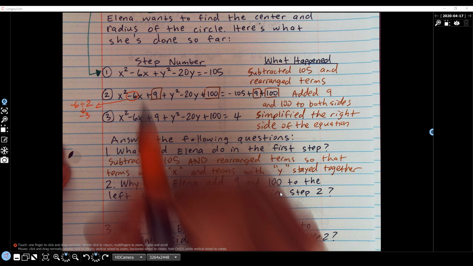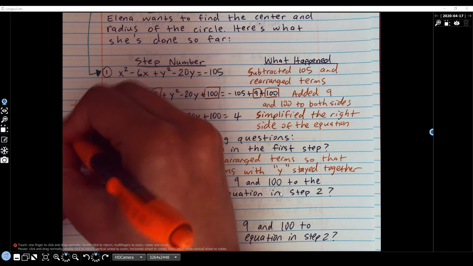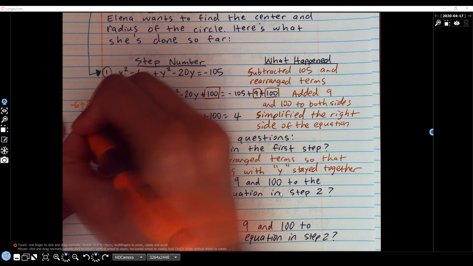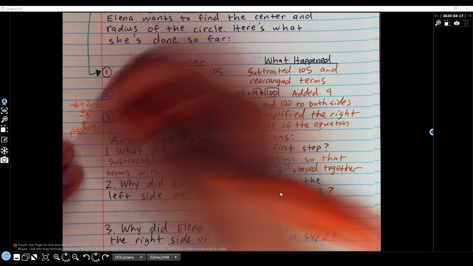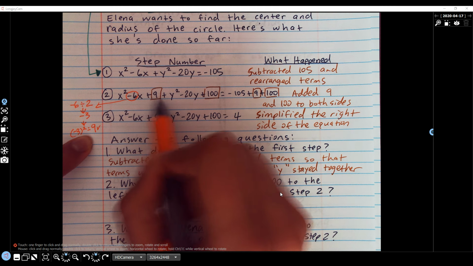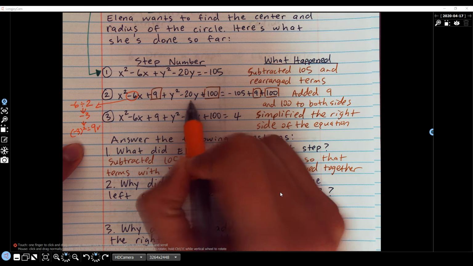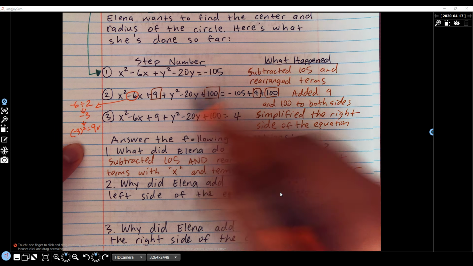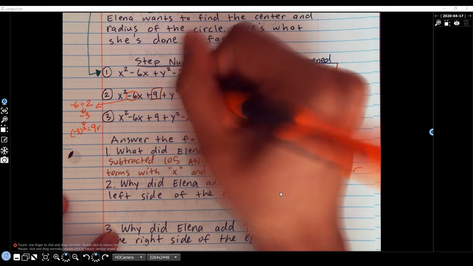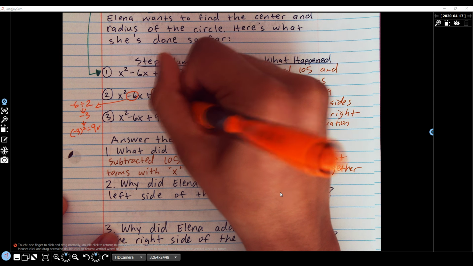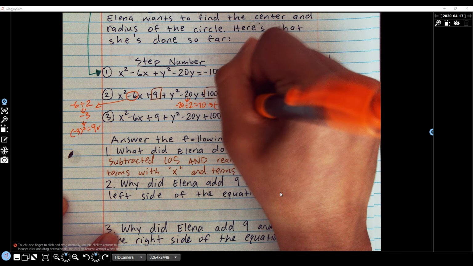After we divided the linear coefficient by 2, we squared it, so -3 squared, which is -3 times -3, giving us the +9. So you can see how we're getting this 9. You can also apply the same thing to the expression with the y terms. If we take negative 20 divided by 2, that gives us negative 10. And then negative 10 squared gives us the positive 100 over here.